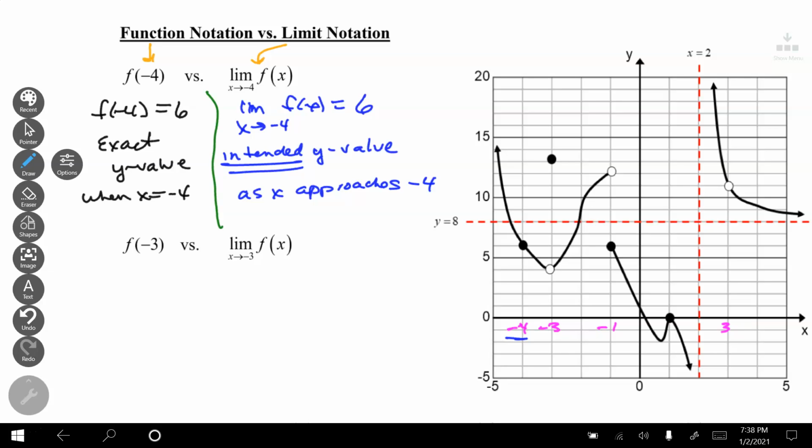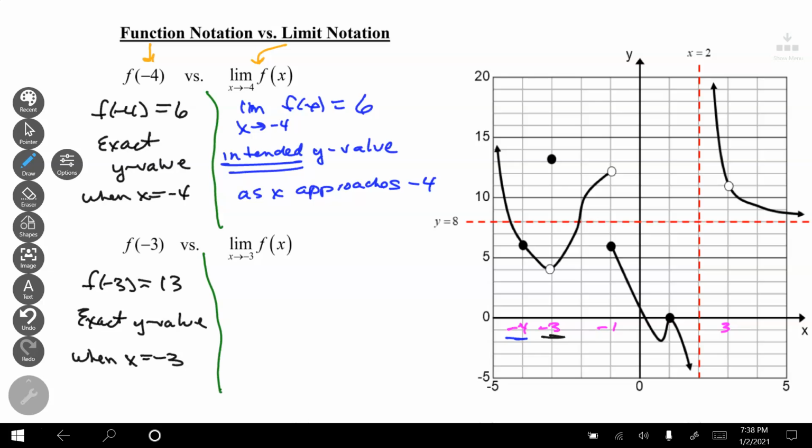But we'll look at another example. The next example is, again, function notation. f of negative 3 is equal to, I go to negative 3 and I come here and I said no, that's not it, it's over here, is equal to 13, because there I have an exact y value when x is equal to negative 3.